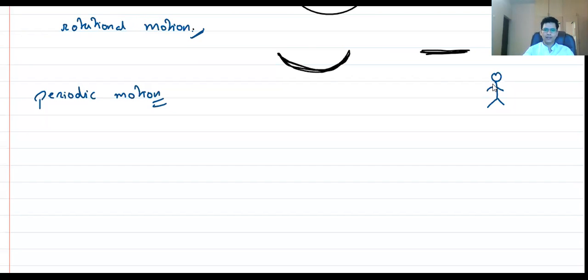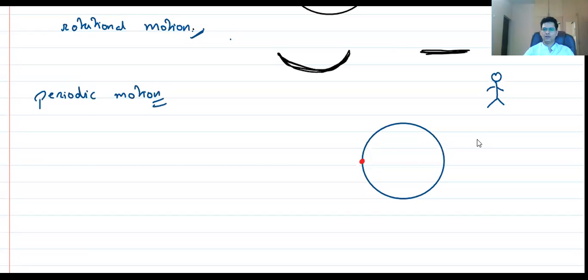Now for example, just take one more example. Suppose you talk about a race in which you are running. You start from this point, and in 30 minutes you complete this round.